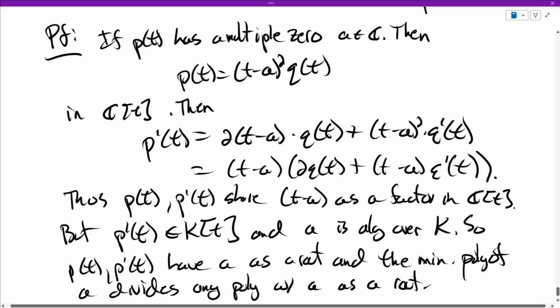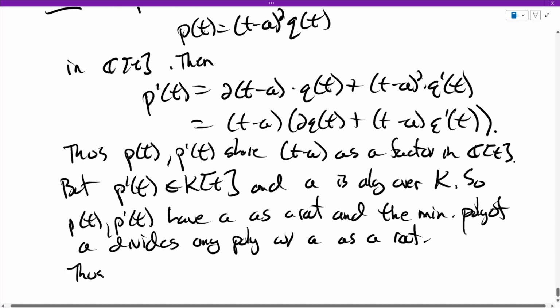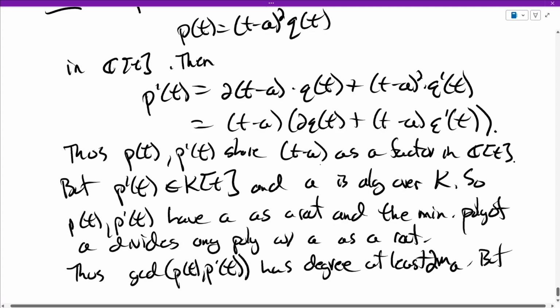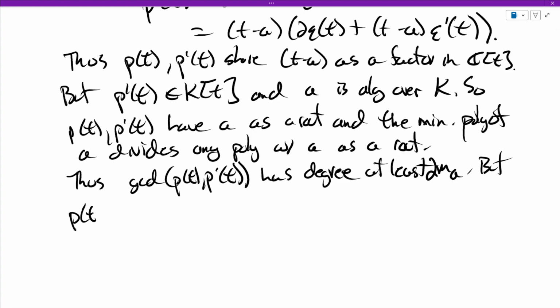So in fact, the GCD of P and P prime has degree at least the degree of the minimal polynomial, which is positive. But P is irreducible, so in fact it actually has to be the minimal polynomial.